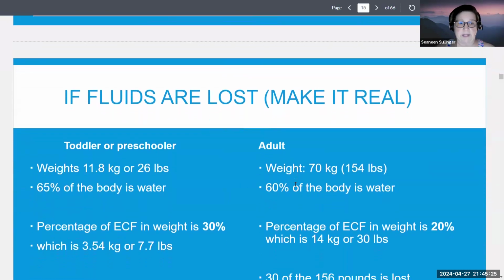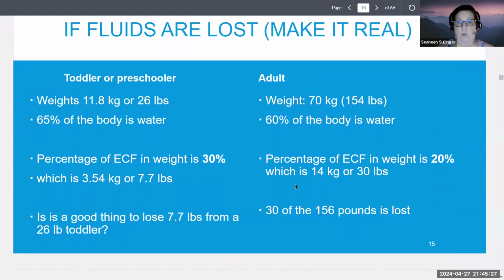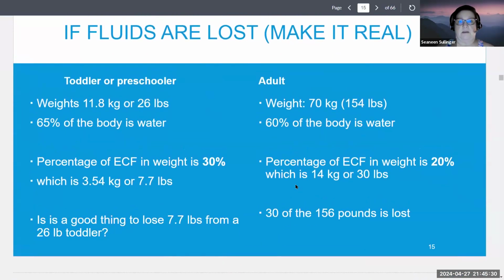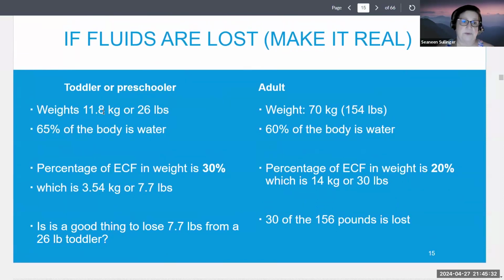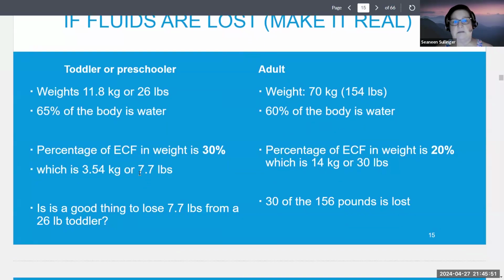So if we look at that in terms of making it real, looking at weight, if we take our preschooler who's 11 kilos or 26 pounds, and 65% of the body is water and the percentage of extracellular fluid is 30%, that is 7.7 pounds of that toddler's weight. And so is it a good thing to lose 7.7 pounds from a 26-pound toddler? No, not in the least.